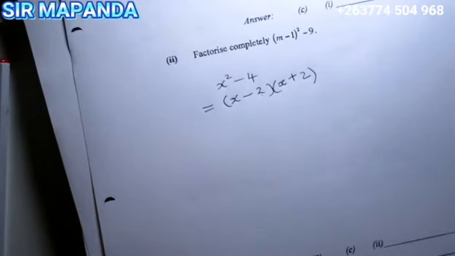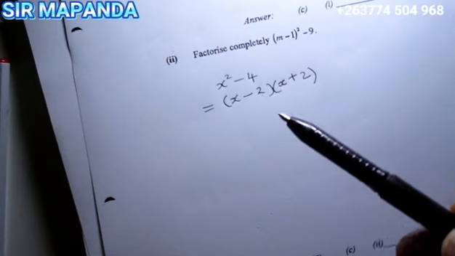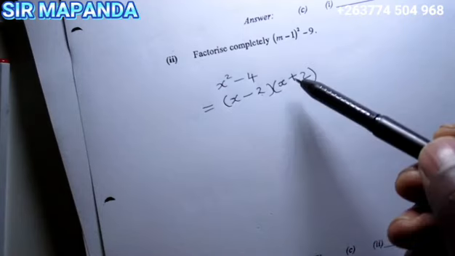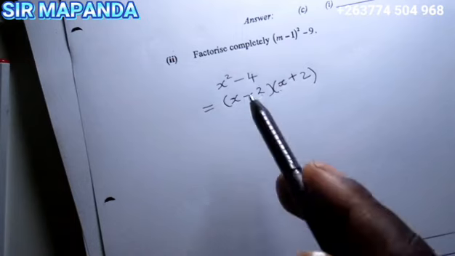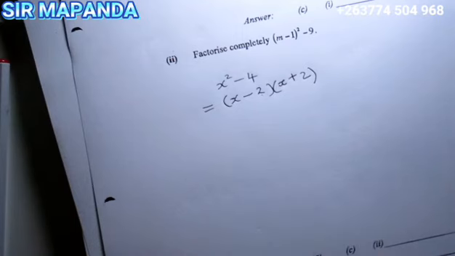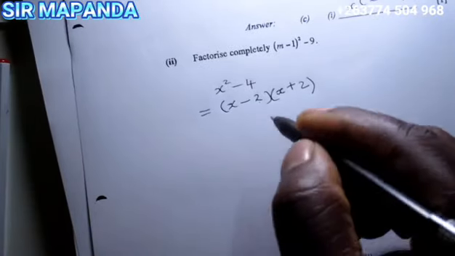So the difference between the two brackets is the other bracket has got a negative sign and the other bracket has got a positive sign. I hope you are listening. But we'll be using the square root of x squared and 4, right? So we are going to apply the same skill here.